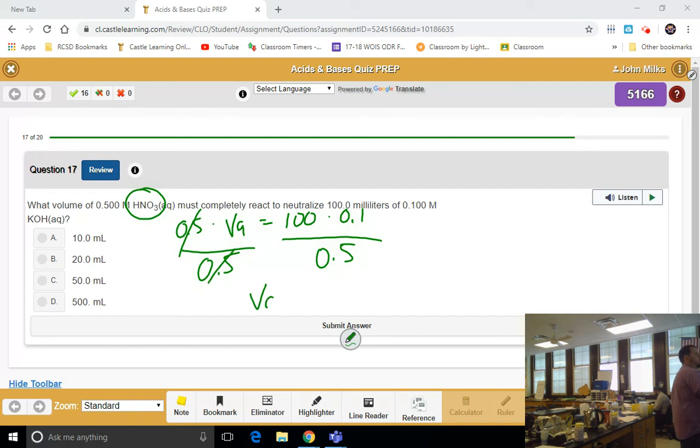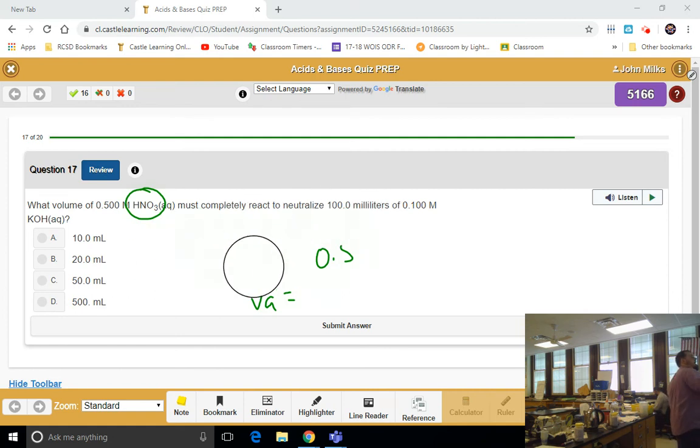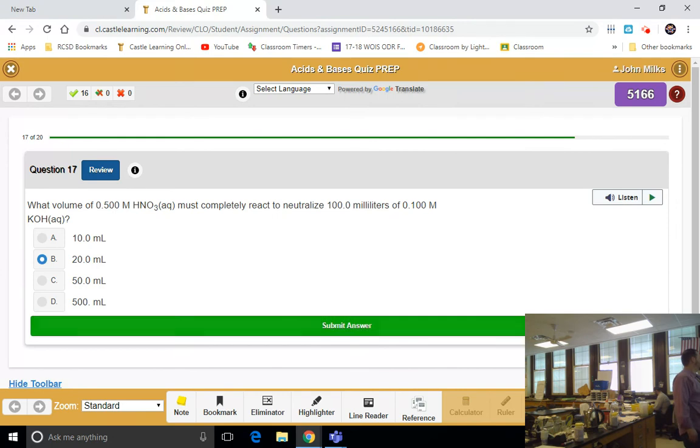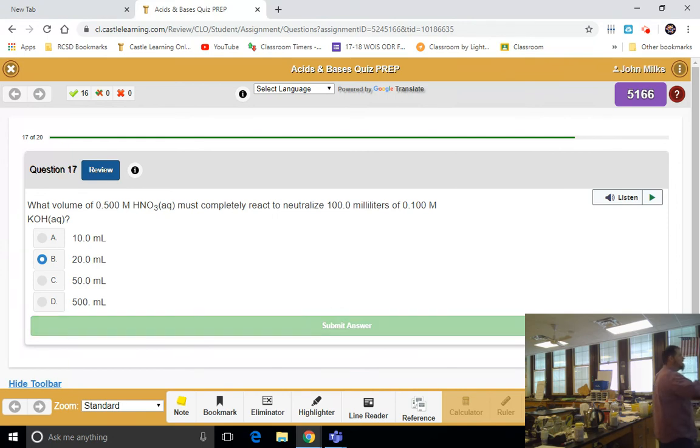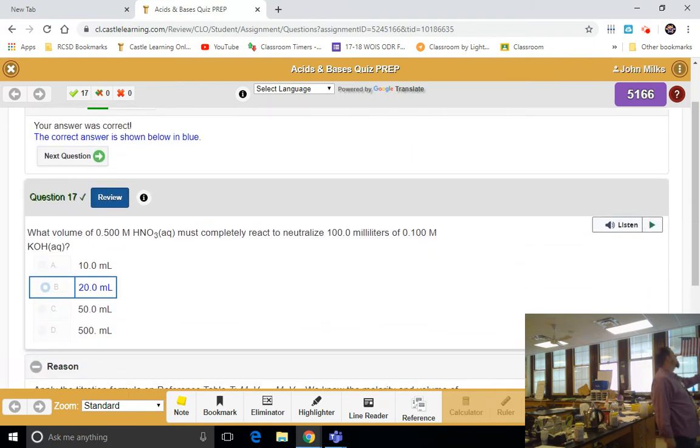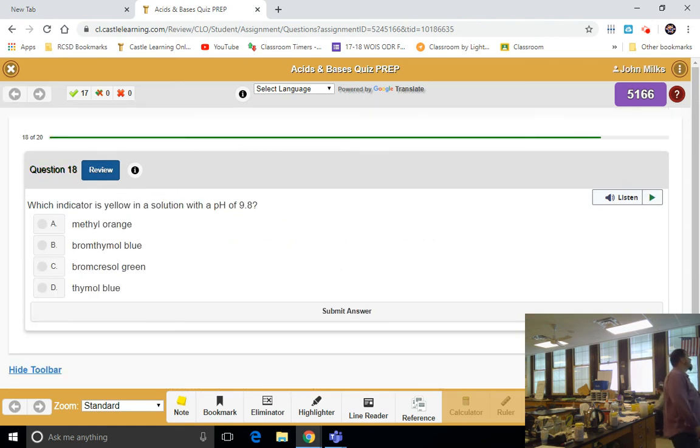So VA is going to equal 100 times 0.1 equals 10. Divided by 0.5 equals 20. I got 20. I see an answer of 20. Here, again, I see the answer that I figured out mathematically is right. I'm really hoping it's the right answer because that's when we can get schnookered, if you will, and pick the wrong answer by accident, if the most common wrong answer is there.